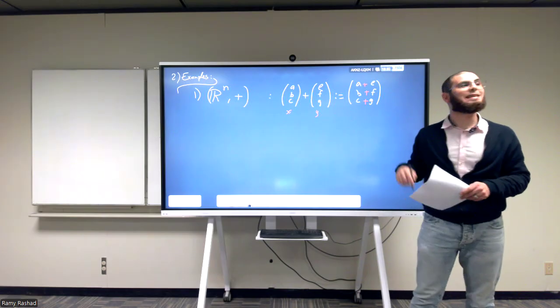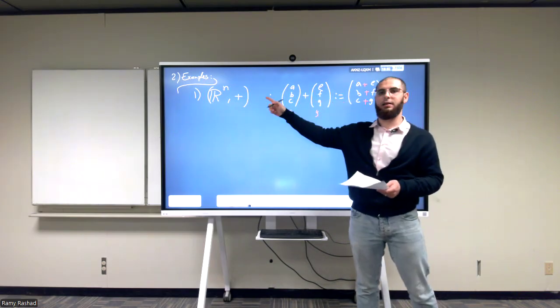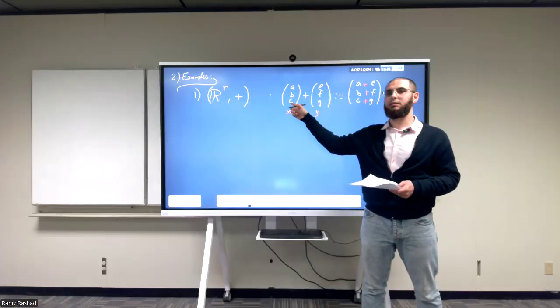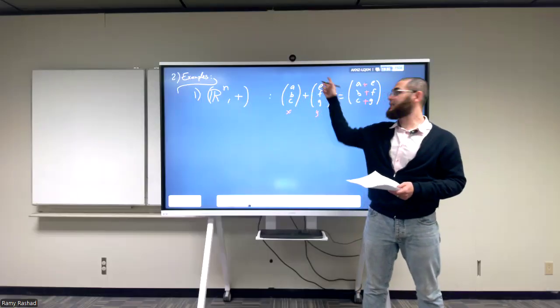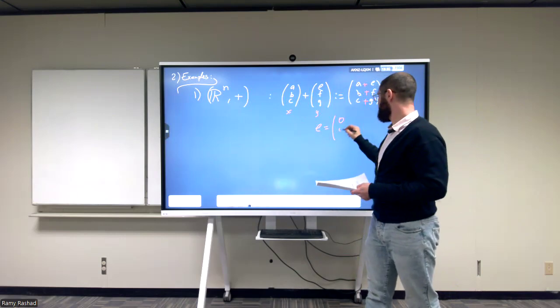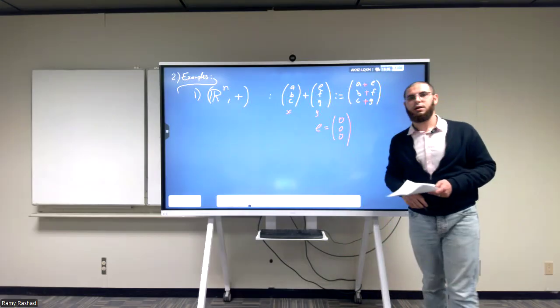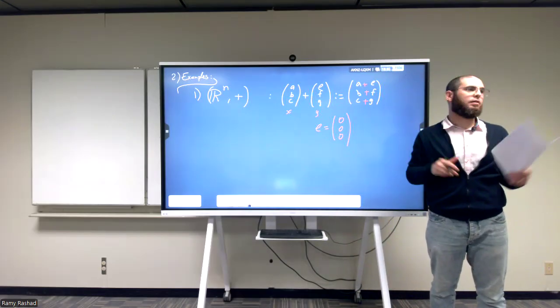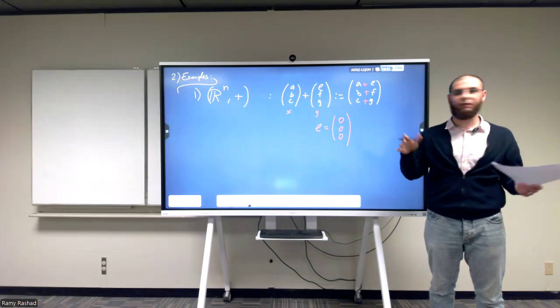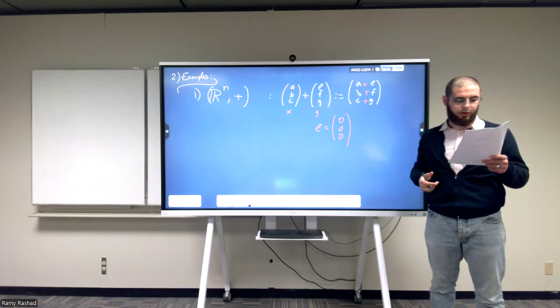What about the identity? Is there some element in Rn that whatever I add to, I always get the same element? What is it? (0, 0, 0). So the E here is actually (0, 0, 0), what you call the zero vector. It's an element in Rn. Again, we're not using the word vector, but this is what we refer to here by E.